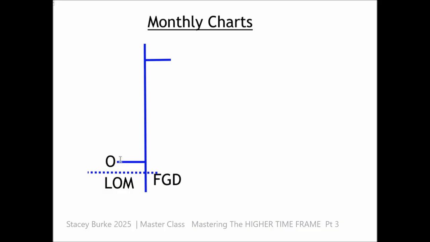So think simple. If we're going to be looking for asymmetrical risk reward, we want to be buying low and selling high. And the opposite, if we're going to be selling something, we want to be selling high and buying low. When we use that higher time frame understanding, we're aligning ourselves with all time frames ideally and increasing our odds of success, but also increasing our potential now for asymmetrical risk reward.